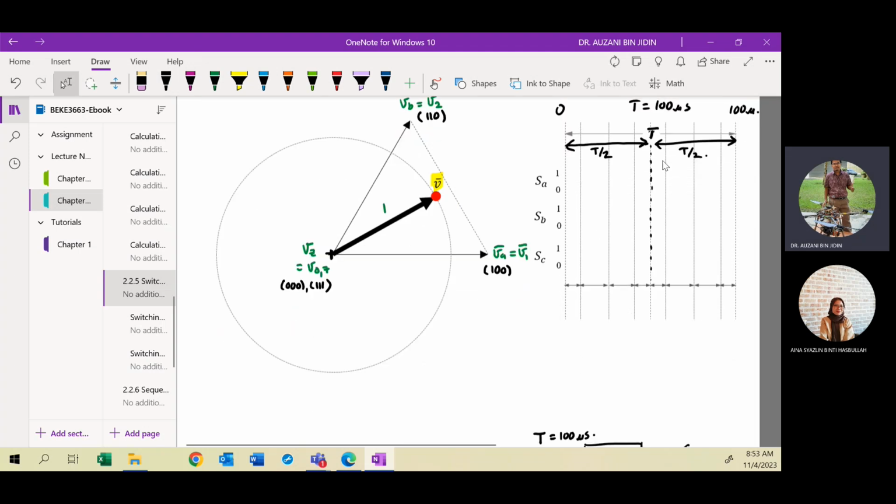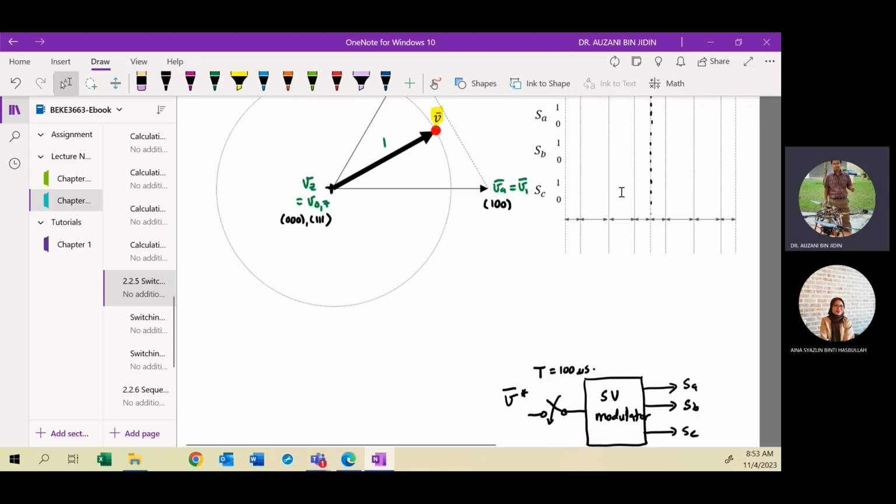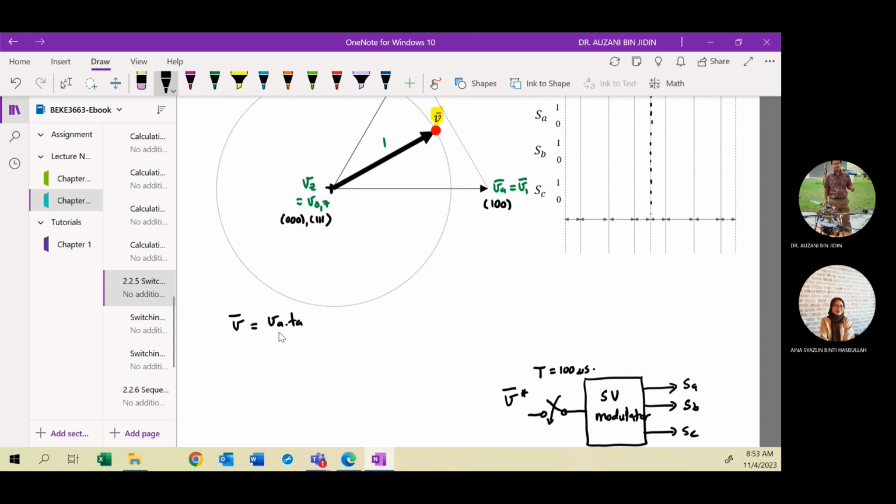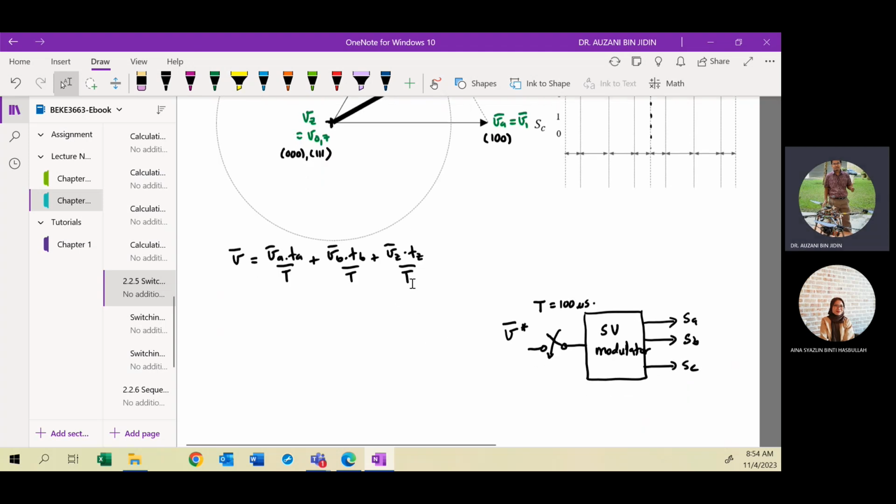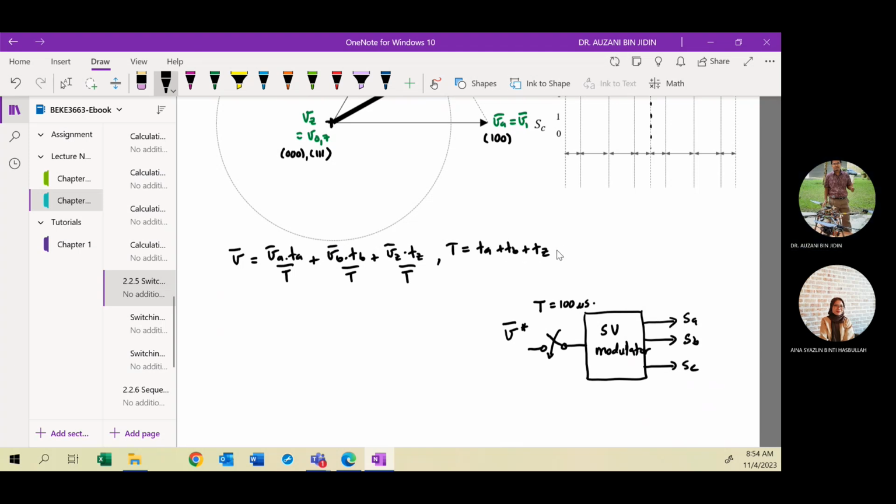Before I proceed to discuss this, remember your space vector you can write as VA and its ratio, plus VB and its ratio, and VZ, over T. Clear? Remember, T is the summation of TA, TB, and TZ.